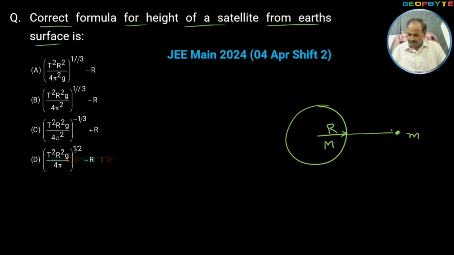That satellite is orbiting at a height of h. That height formula you are asked to decide. At that particular height, it is going to revolve like this.